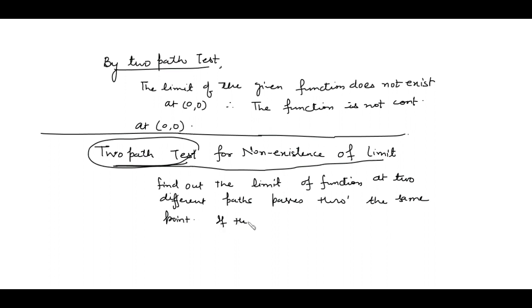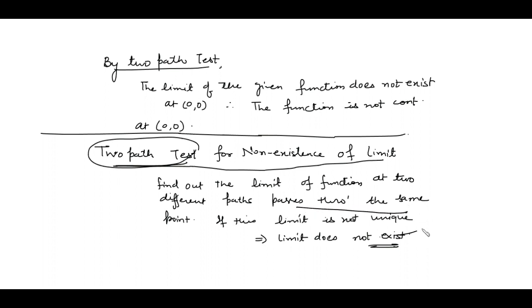If this limit is not unique, it implies the limit does not exist. Means we will find out the limit at two different paths passing through the same point. If this value is not the same, you will say the limit does not exist. So this test is said to be the two path test.